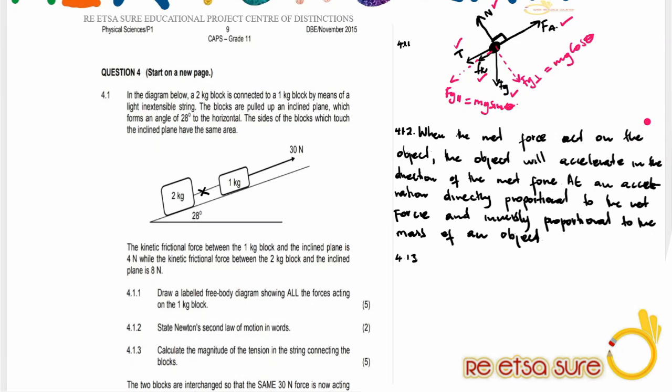4.1.3, calculate the magnitude of tension in the string connecting the blocks. My beautiful learners, when we calculate the tension or the acceleration, we have two methods that we can use. We have the system method, and we also have the simultaneous method.